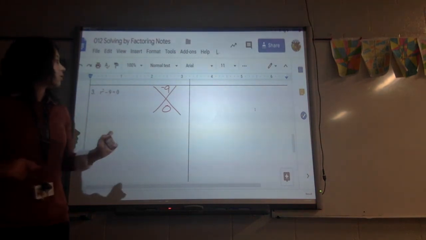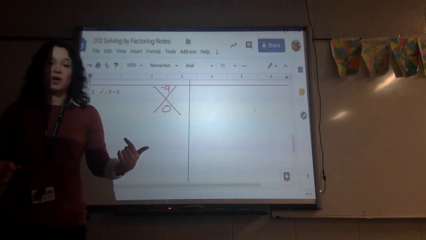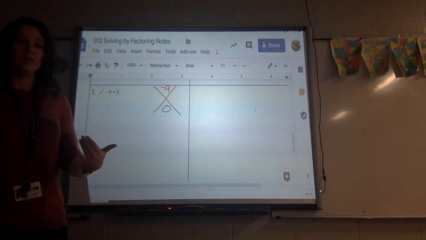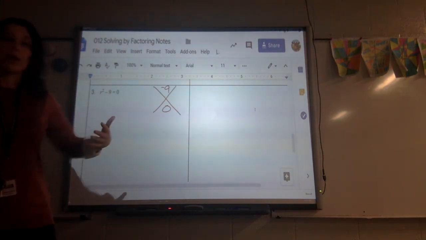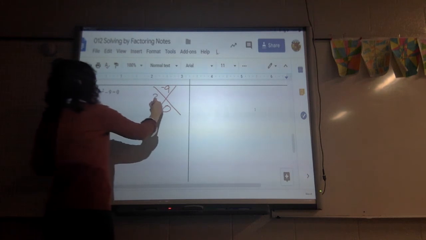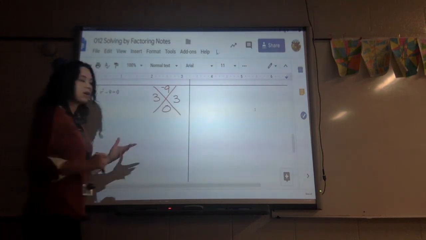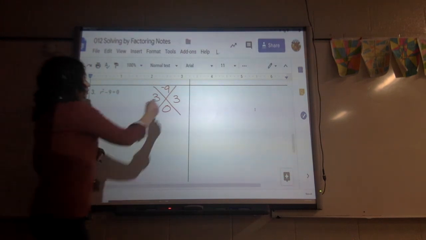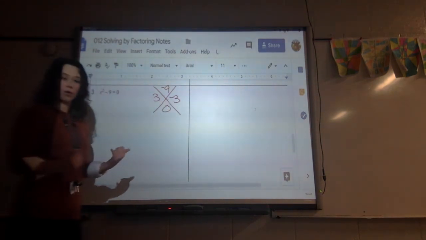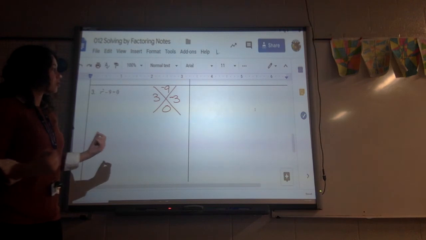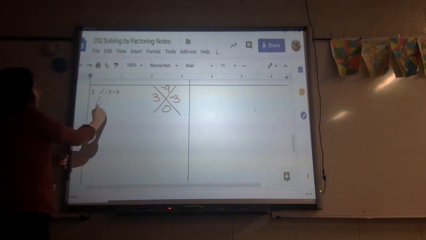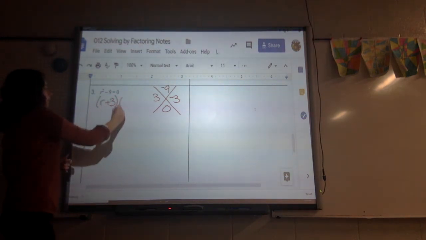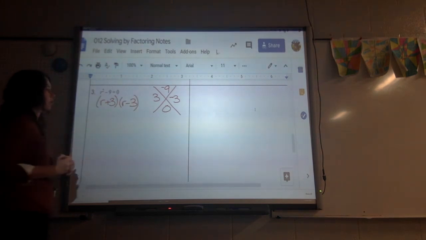So I am now looking for two numbers that multiply to negative 9 and add to 0. Well, two numbers that multiply to 9, that's going to be 3 and 3. How can I get two 3's to equal 0? Well, if I do 3 minus 3, that will give me 0. So my factors in this case are going to be r plus 3 and r minus 3.